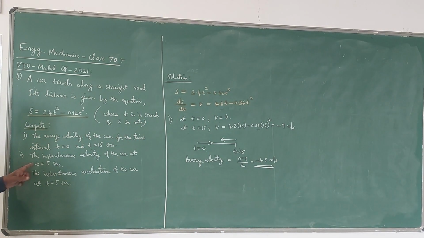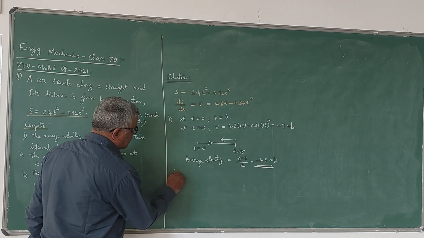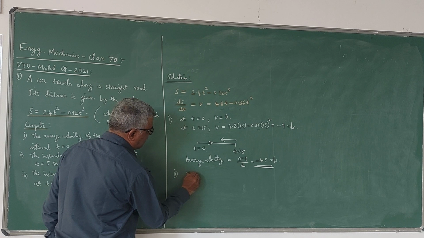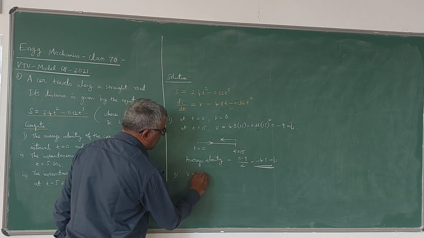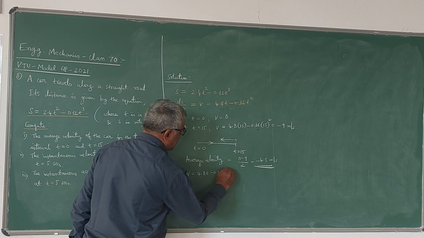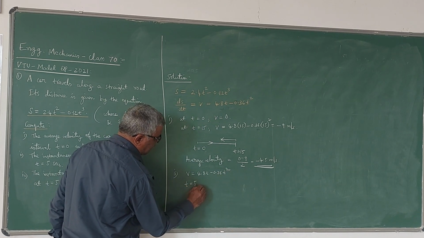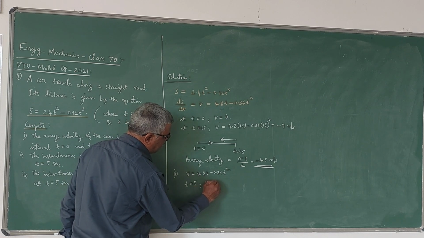The second one, instantaneous velocity of the car at t is equal to 5 seconds. Same equation we are going to have. We know that v is equal to 4.8 t minus 0.36 t square. If you want instantaneous velocity at t is equal to 5 seconds, put t is equal to 5 in this.